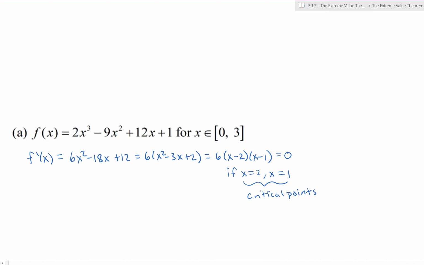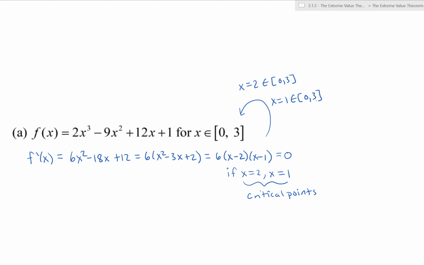And notice, it's important, both x equal to 2 is part of this interval, and x equal to 1 also belongs to this interval. So it's possible that when you go and differentiate a function and find its critical points, those values of x might not be in the interval of concern.